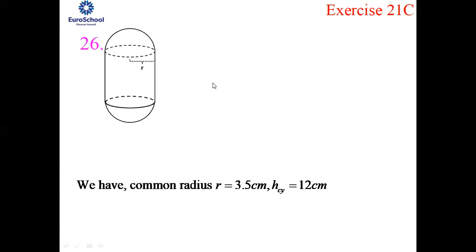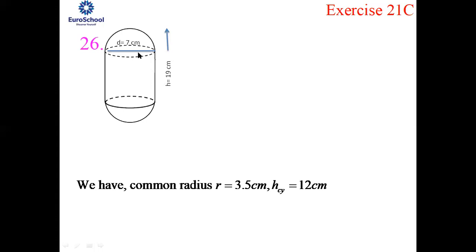Now, we write down what is being given to us. The total height is given to be 19 centimeters and the diameter of the cylinder is given to be 7 centimeters. Is the diameter of the cylinder equal to the diameter of the hemisphere? Yes, ma'am.